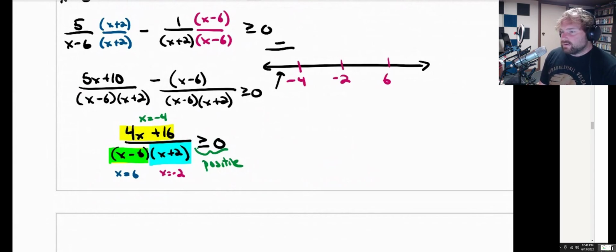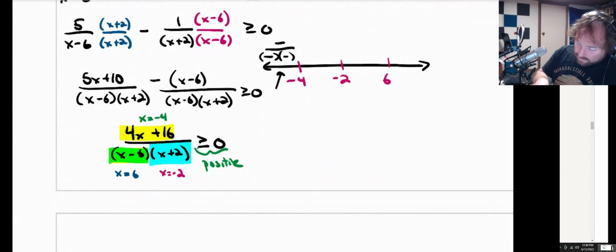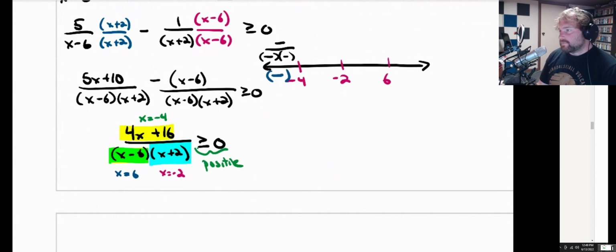Negative 5 minus 6 is negative, and negative 5 plus 2 is also negative. So we'd have negative times negative, which is positive, and negative divided by positive gives us a negative answer. I'm going to put my final answer underneath the sign chart. This would be a negative chunk of the problem. We're going to do that for all of the chunks.